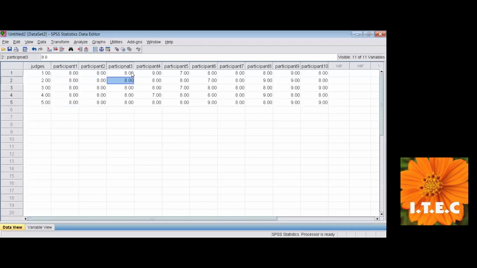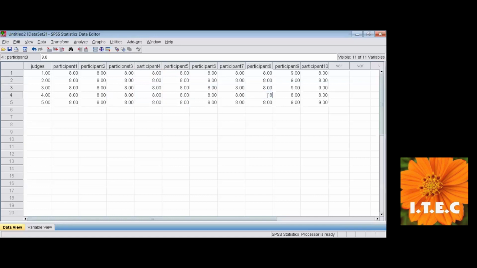Here it is 8, 8, 8, 8. Here also 8, 8, 8, 8. Here also it is 8, 8, 8, 8, 8. Here also it is 8. And here also 8, 8, 8.